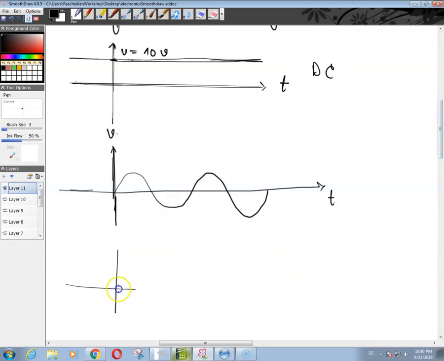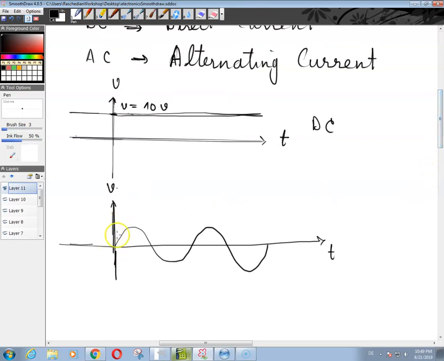But whenever we talk about AC, what is usually meant is a sinusoidal wave like this that depends on time. Your voltage is changing over time, going up and down, and so on. So this would be AC.